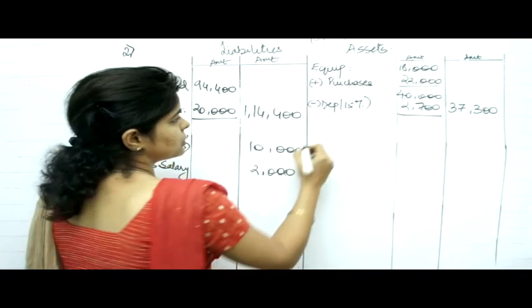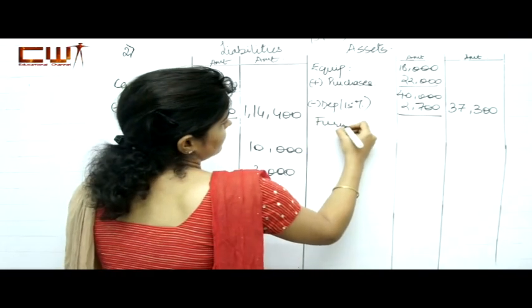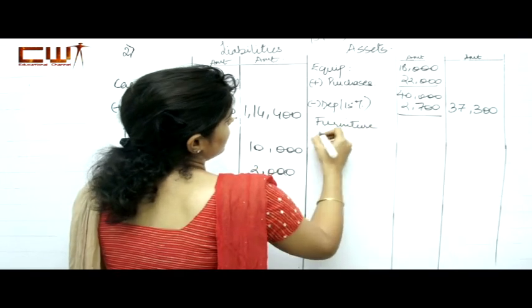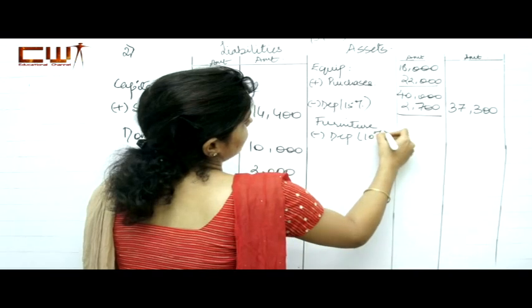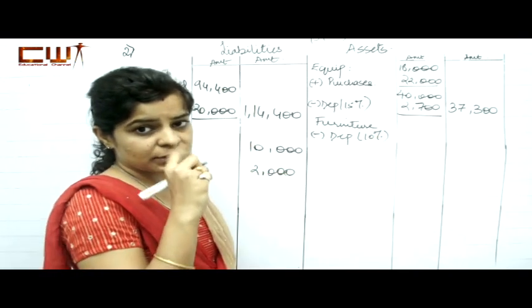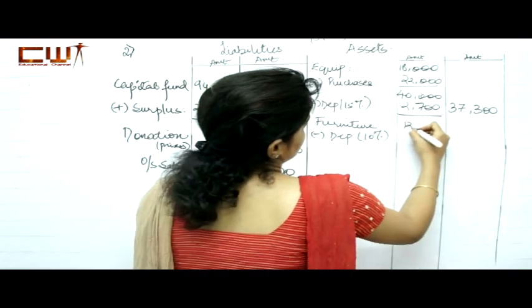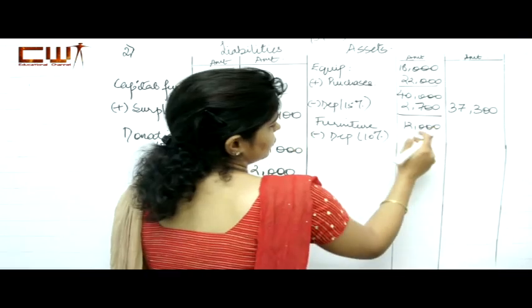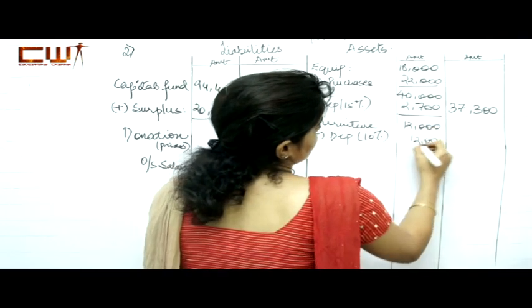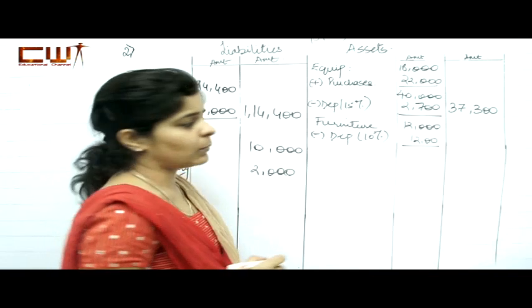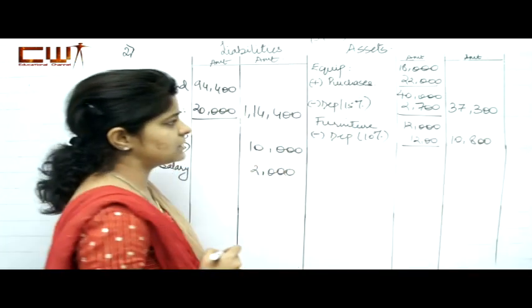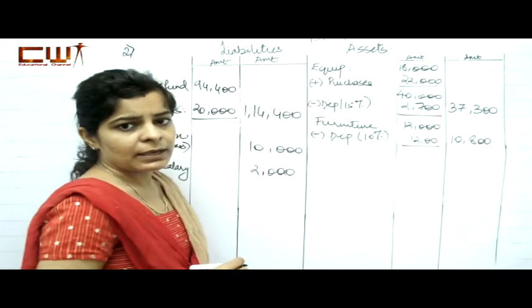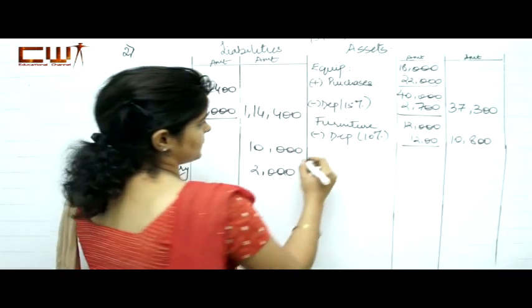Next will be furniture, and you will subtract the depreciation. How much? 10% given, right? So what is the furniture that's given to you? 12,000. 10% on 12,000 will be how much? 1,200. So final figure will be 10,800. So this is furniture, right? Next what we have to give? Investments.